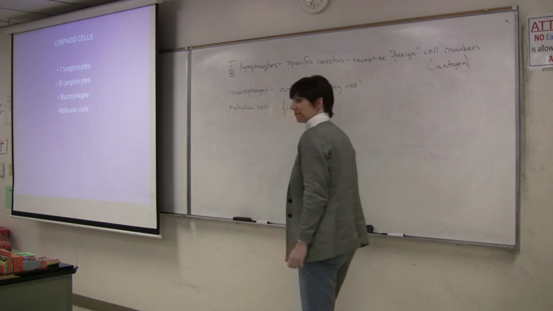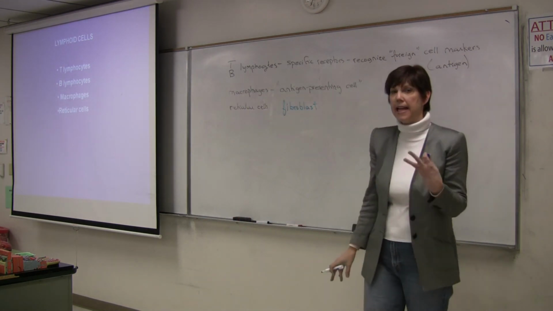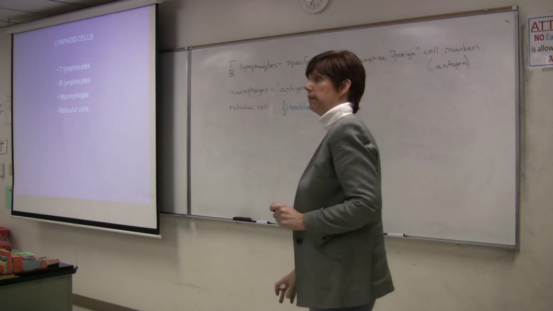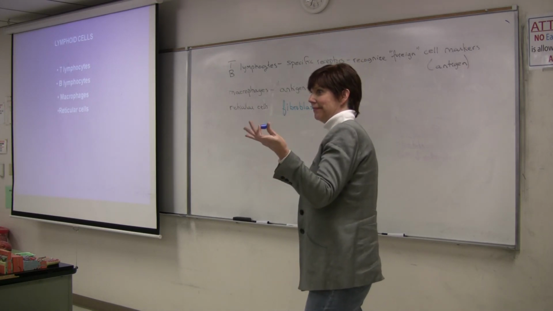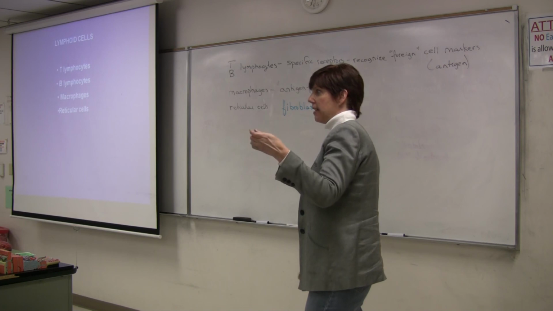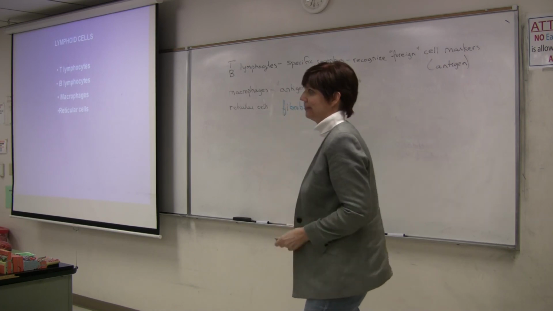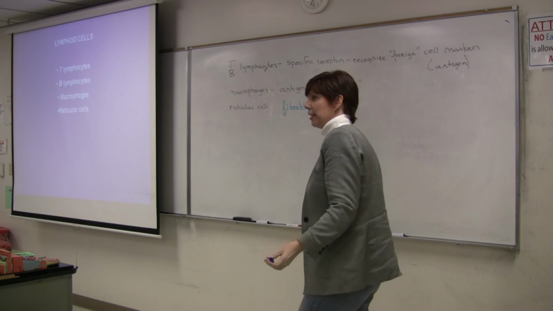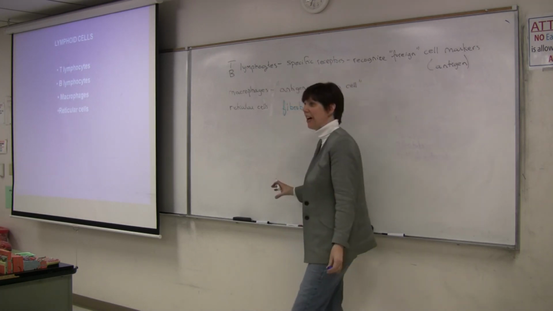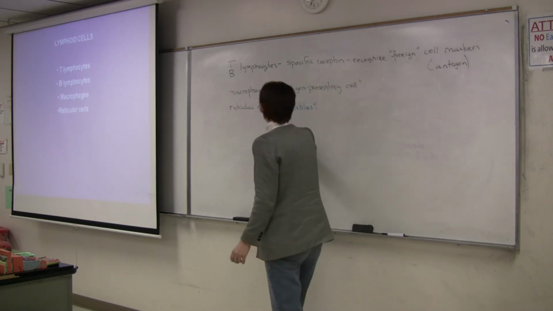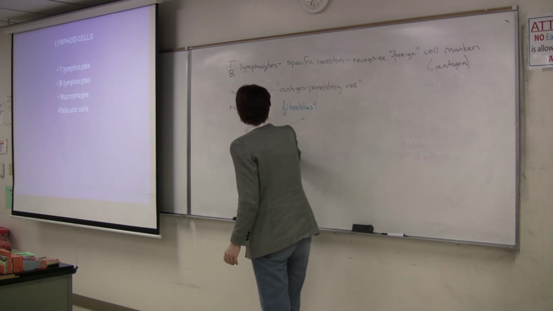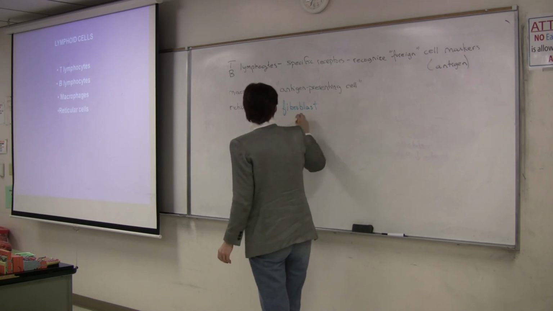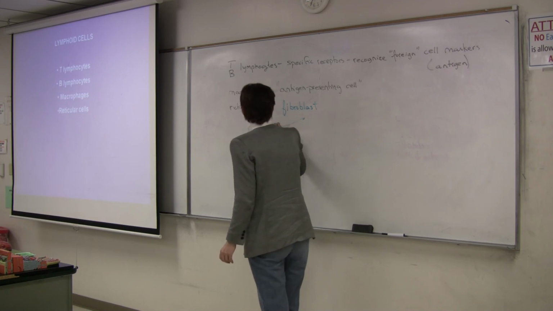Fibroblasts. What three types of fibers do fibroblasts form? Collagen, elastic, and reticular fibers, which are really just, to make things confusing, a special kind of collagen. All right? So reticular cells are very elongated fibroblasts, and they wrap themselves around the actual collagen fiber.